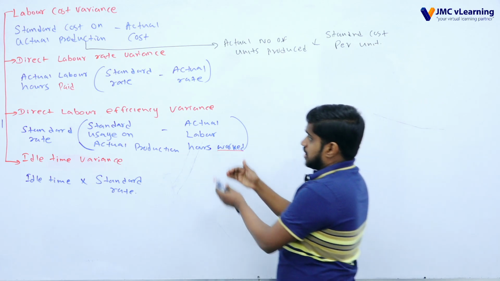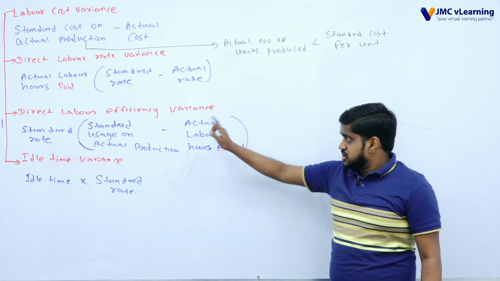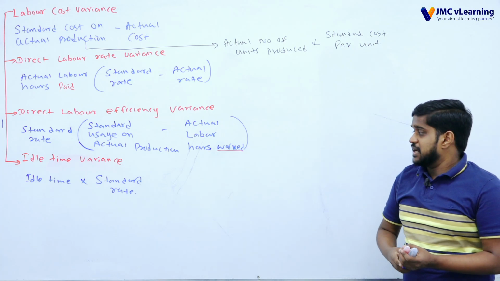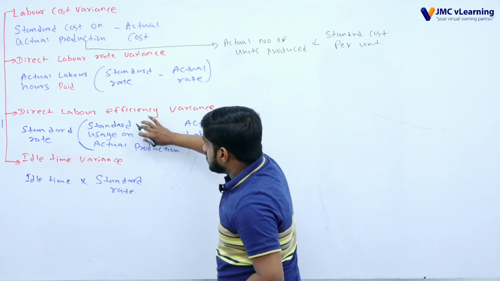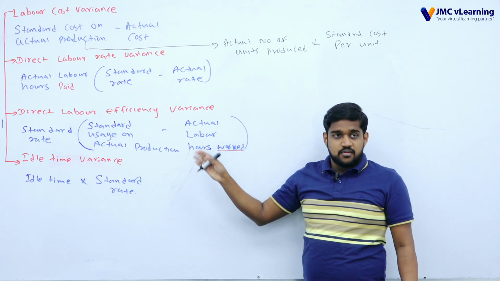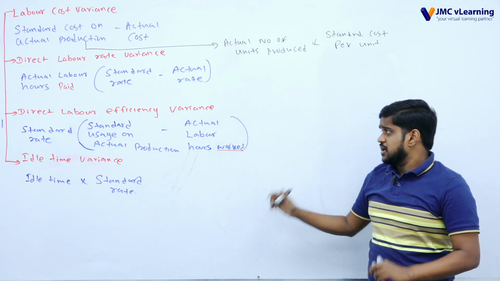Then we can get our direct labor efficiency variance: standard usage on actual production minus actual labor hours worked, multiplied by standard rate. Normally actual labor hours worked they directly provide, so we can directly get it.